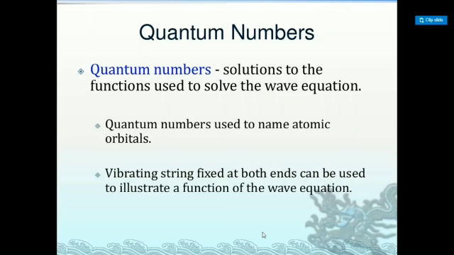In simple terms, I can explain that quantum numbers are the numbers by which we can explain the position of any electron in an atom exactly. That is quantum number.